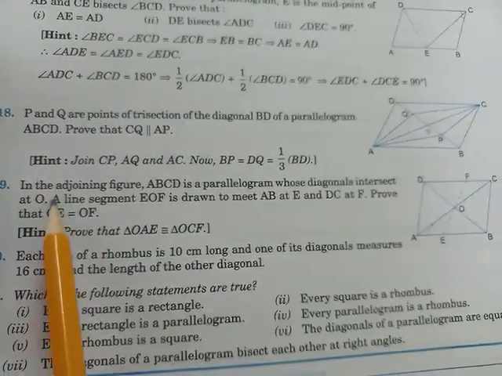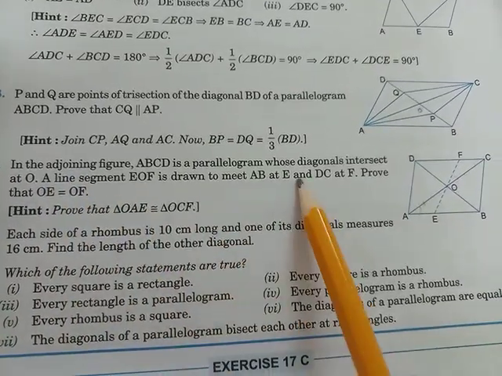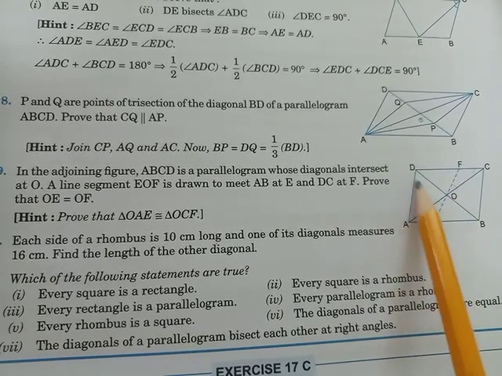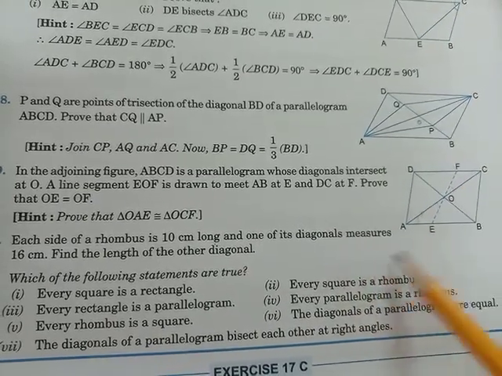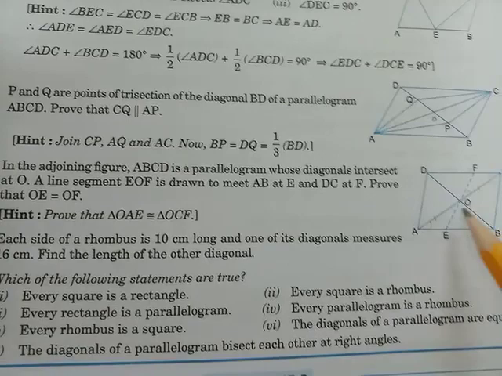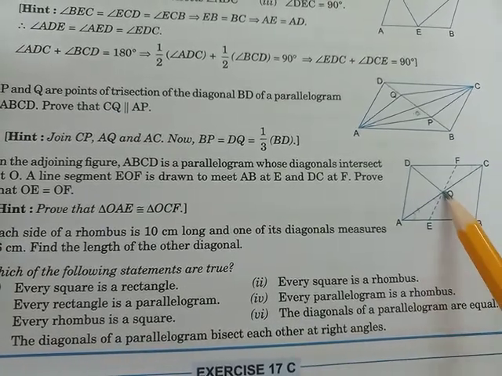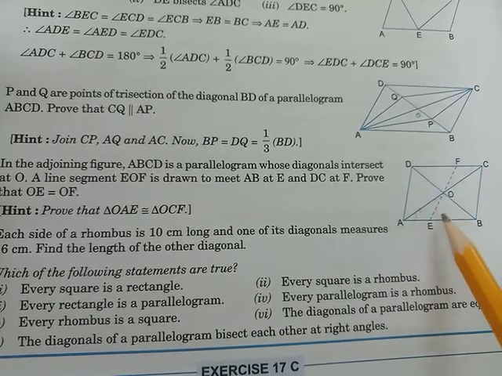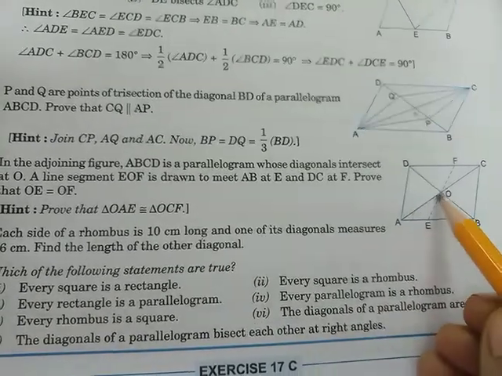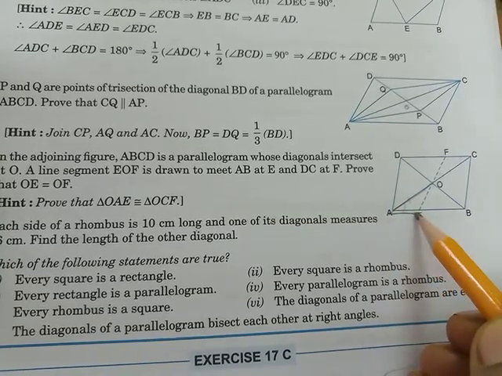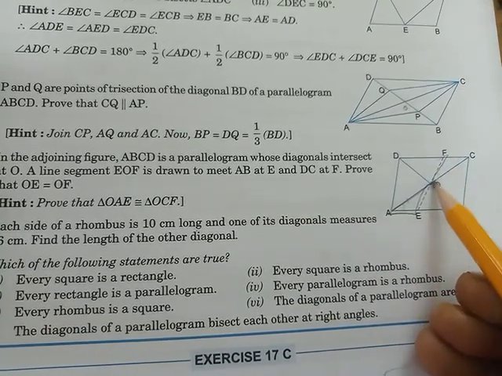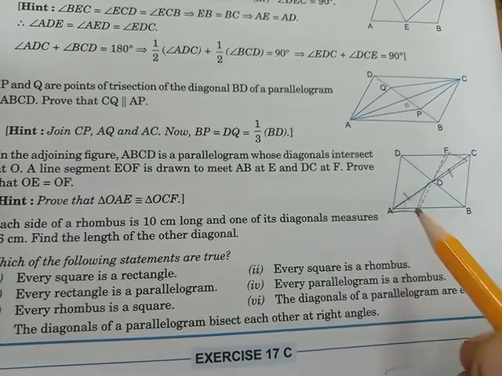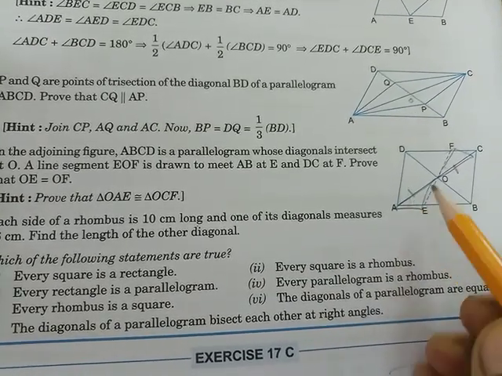Now we come to question number 19. In the adjoining figure, ABCD is a parallelogram. Diagonals intersect at O. EOF is drawn to meet AB at E and DC at F. Prove that OE is equal to OF. For that we will consider triangle AEO and triangle OFC. OA is equal to OC, as the diagonals of a parallelogram bisect.